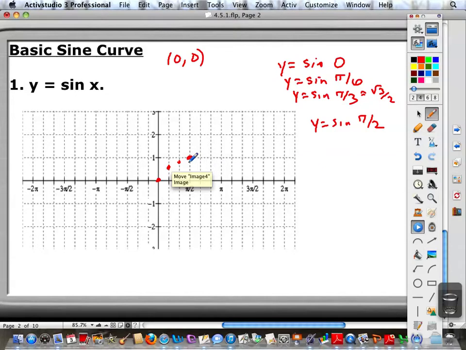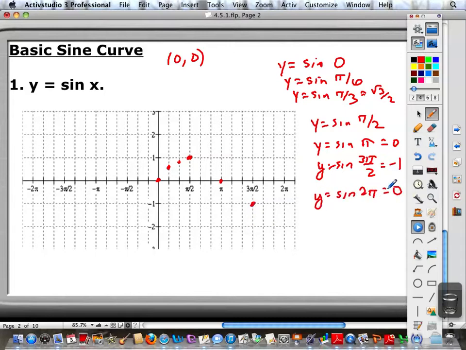Let's skip ahead a little bit. The sine of pi was back at 0. Sine of 3 pi over 2 dropped down to -1. And when I get back to 2 pi, I'm back at 0 again.